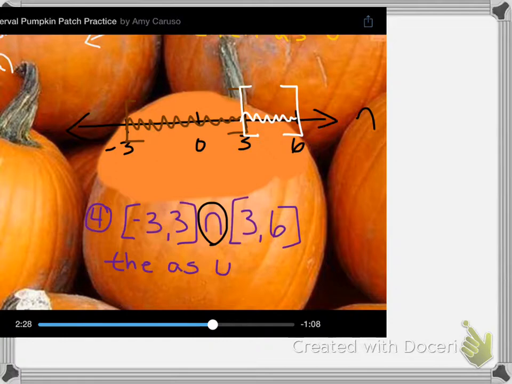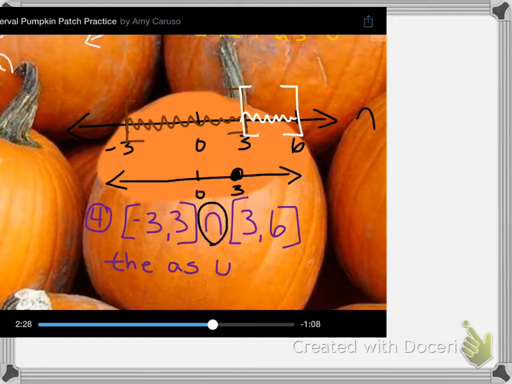So if this was an and, where do I have both brown and white? Where would I have both brown and white if this was an and? Do you know what the answer is? You, I hope, are right. 3. You only have shade on the number 3.